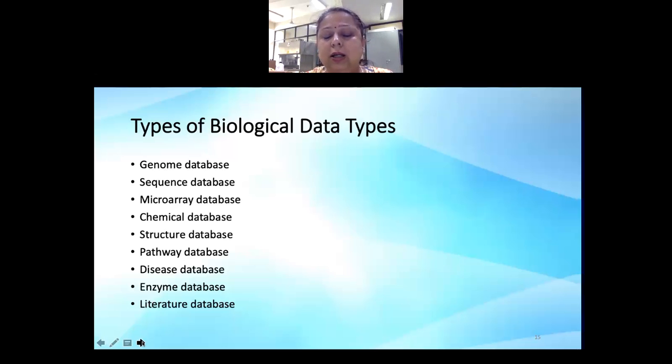Then there are literature databases, where you have all the information about literature, what has been done on it in the past. So the entire literature review you can get from such a database about a research topic.